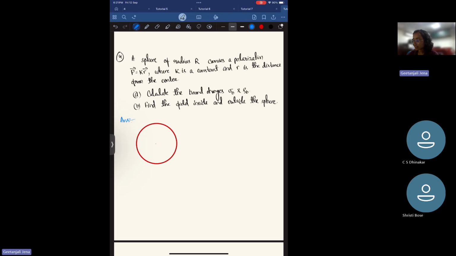The electric field is radially outward, so that's why we are considering the curved surface.